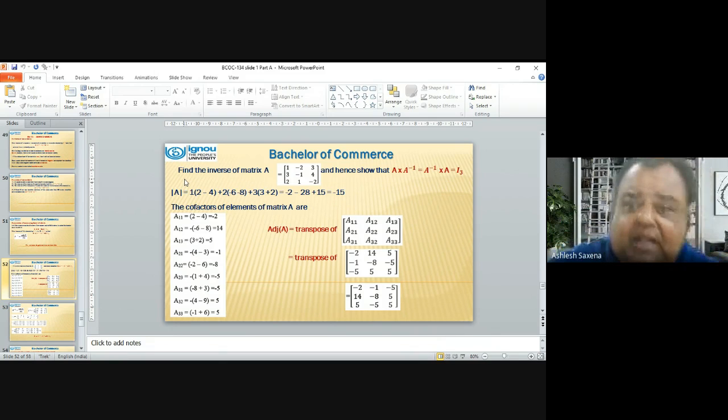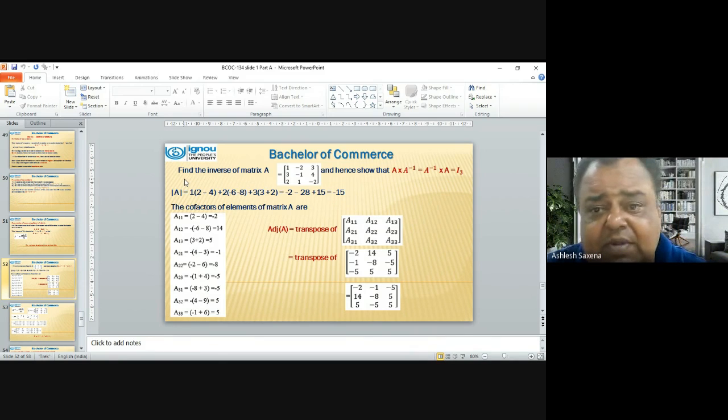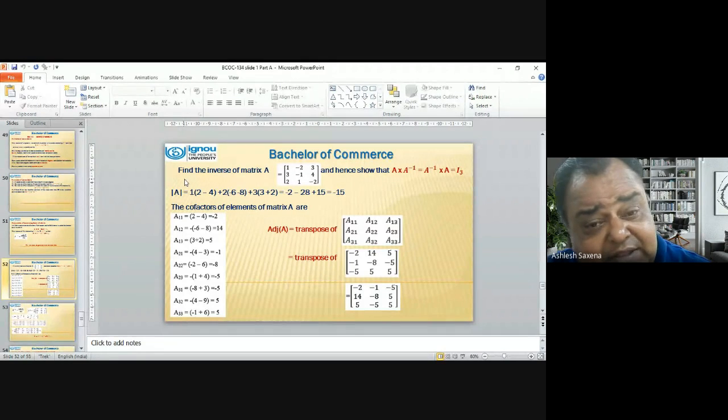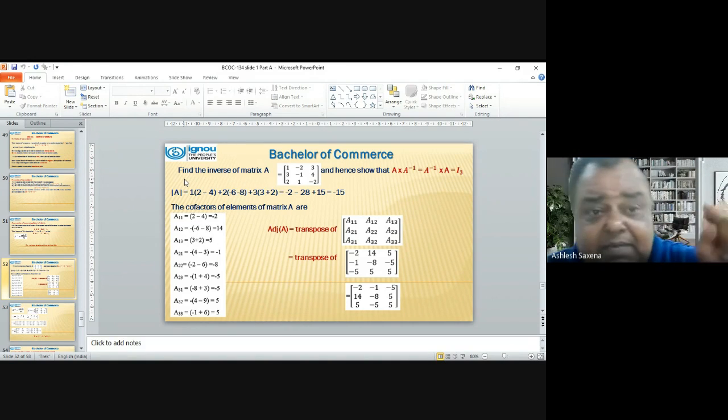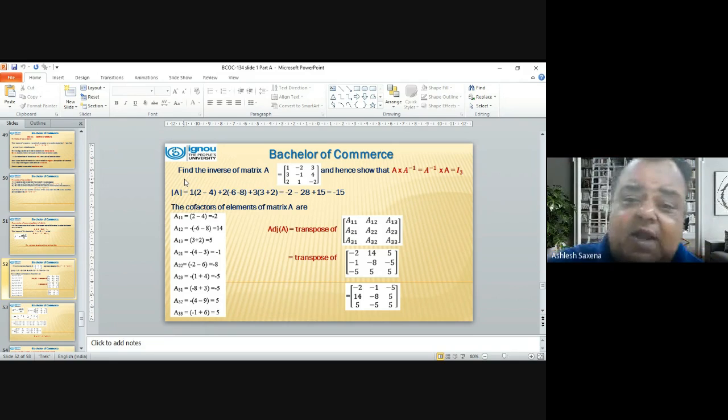A into A inverse will be equal to A inverse into A will be equal to I3. What does I3 mean? I3 means the identity matrix of order 3, that is 3 by 3. That means the diagonal elements will be 1, and they will be 3 in number. The remaining elements will all be 0.